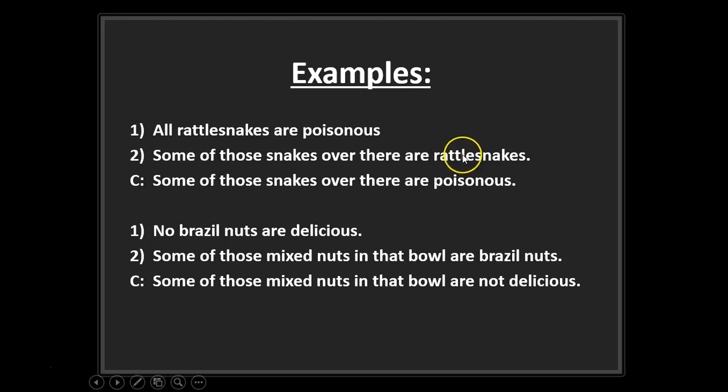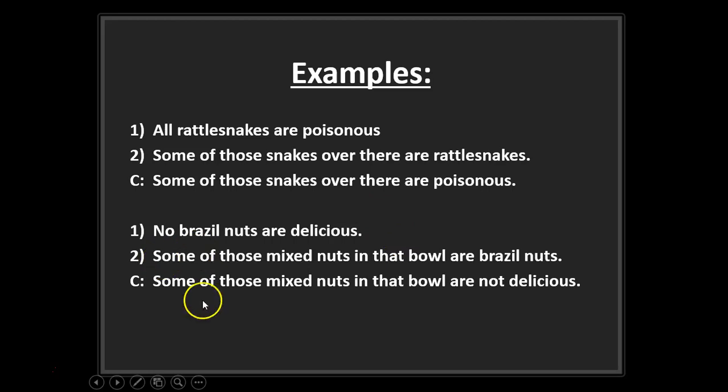You can see rattlesnakes repeated twice, poisonous repeated twice, some of those snakes and those snakes twice. But importantly, the alls and somes, right? Categorical syllogisms: if these two premises are true, the conclusion follows necessarily. The conclusion would have to be true as well.